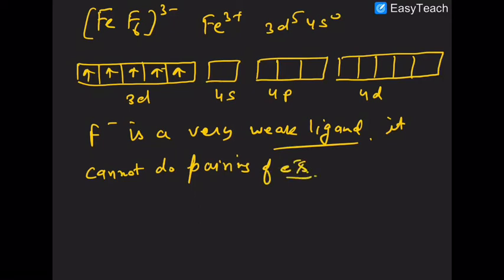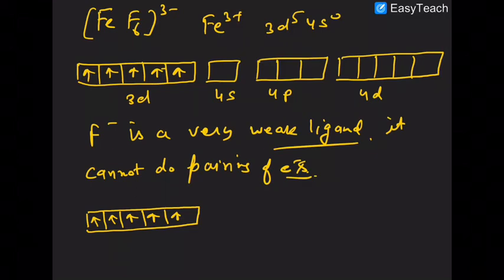If it can't do pairing of electrons, what happens here? In this case, these 5 electrons will remain unpaired, 1 2 3 4 5.